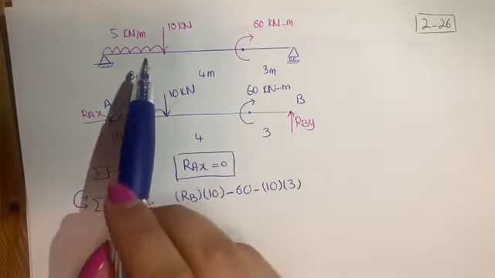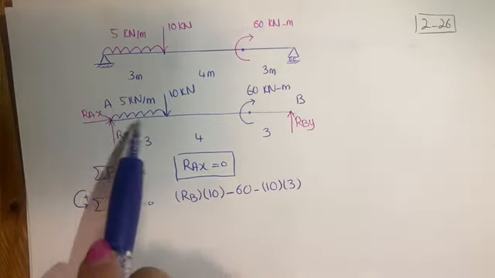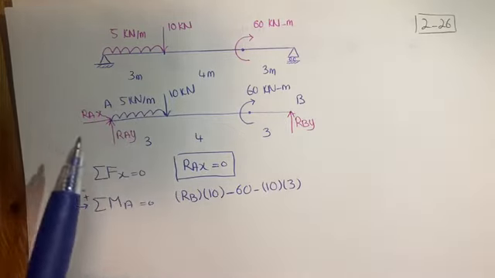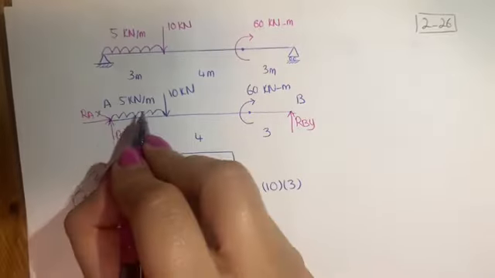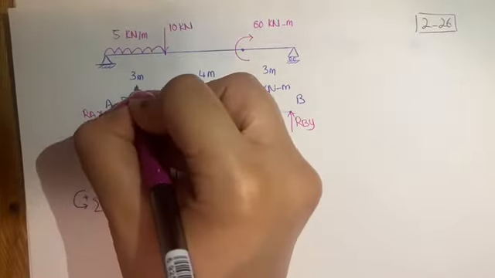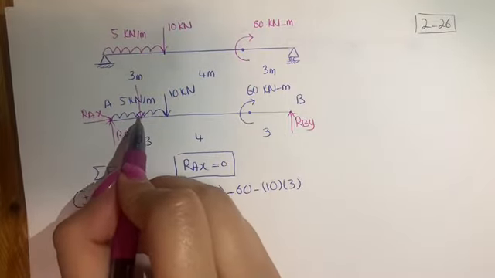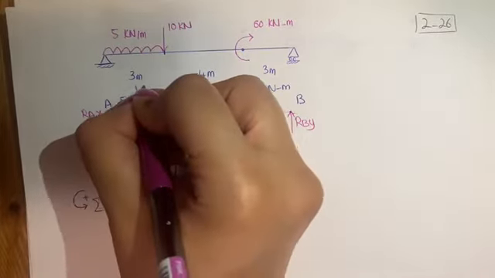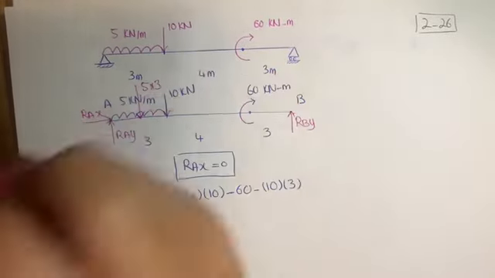And to calculate the moment created by this evenly distributed force, you may remember from the lecture that when you are going to calculate the reaction forces, you are allowed to substitute this with a concentrated force at its middle, and it is equal to 5 times this distance, which is 3.